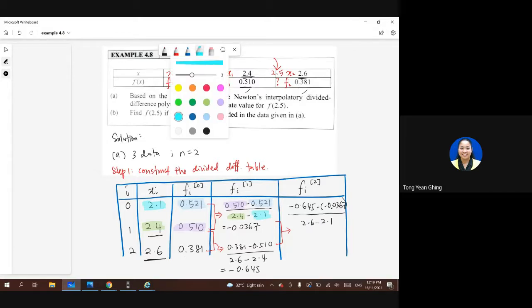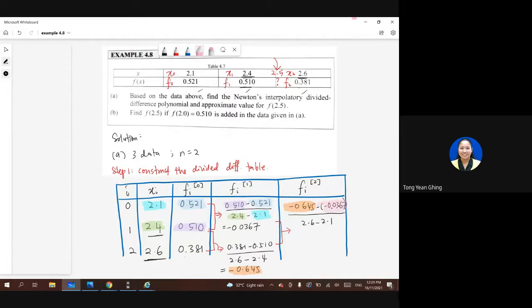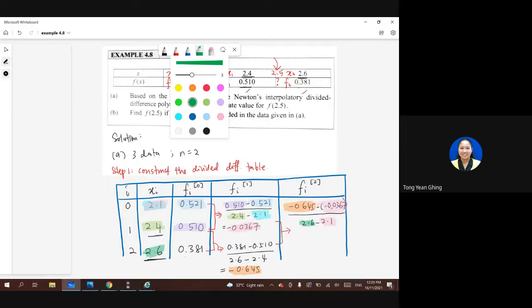So basically kalau tengok yang ni, this value is this value yang kita dapat tadi. Minus dengan this value is yang ni yang kita dapat. Okay, so 2.1 kat sini adalah this value. And then 2.6 is this here.